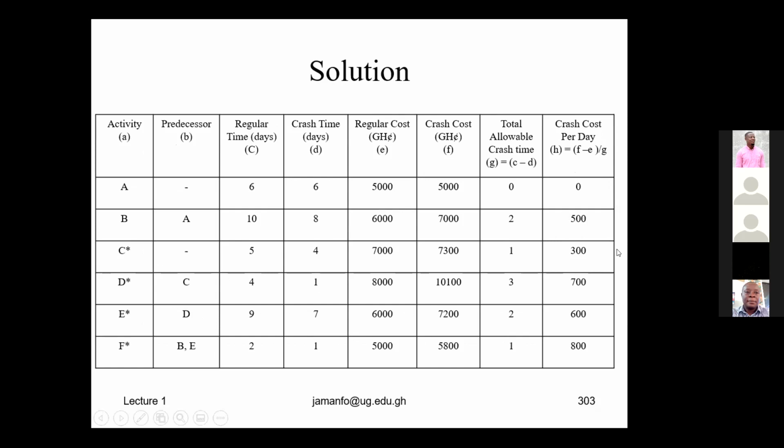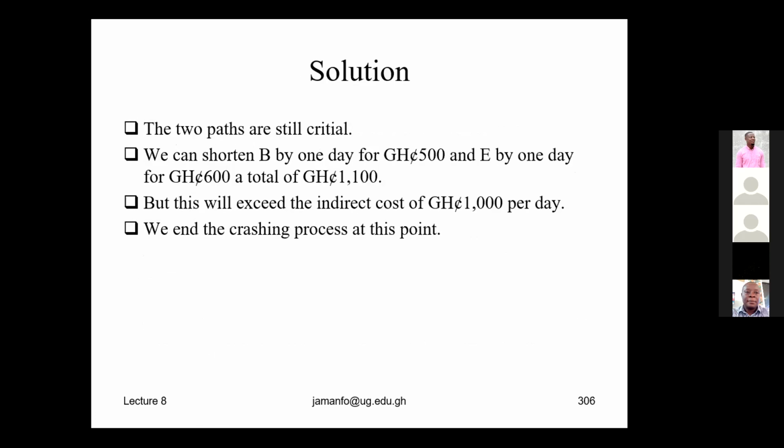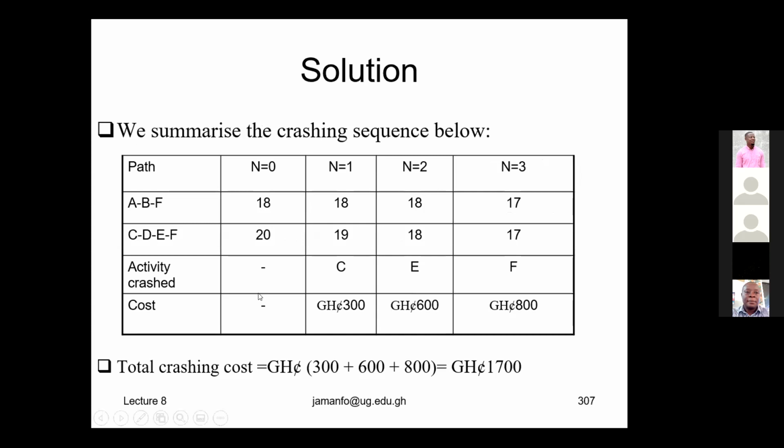So 300 will be 1, and we crash it by 1 day. 600 will be 2, and we'll crash it by 2 days. 700 will be 3, and we'll crash it by 3 days. Then you come to this table, and this will always be the starting point. If you have 3 paths, you have all of them here, and the activity to be crashed comes at the bottom.